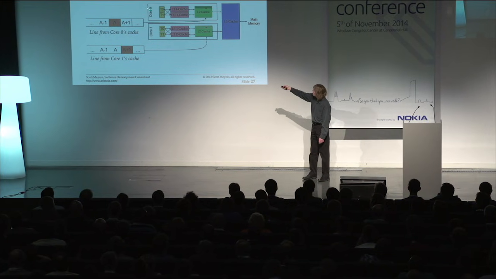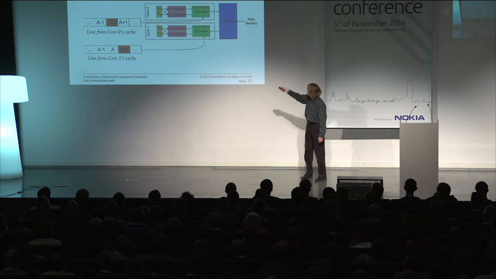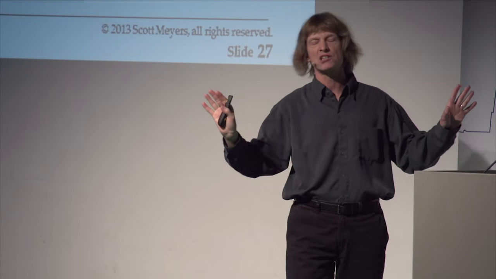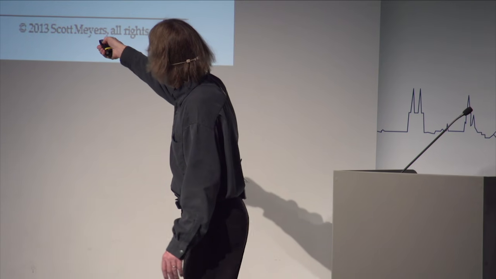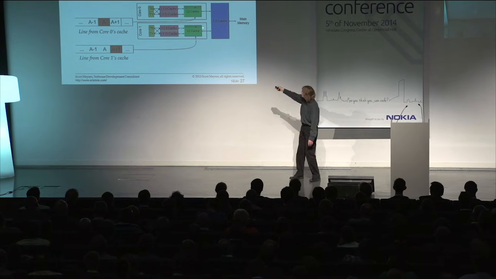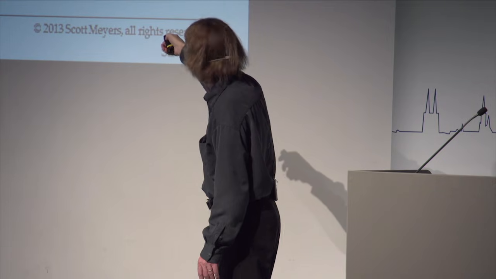When core 0 does a write to address A, the entire cache line is marked dirty. In particular, it's marked dirty in all the other caches. So when core 0 does a write to its copy of the cache line to address A, then through the magic of hardware, this cache line in this L2 cache here is marked dirty, which means it's no longer valid.